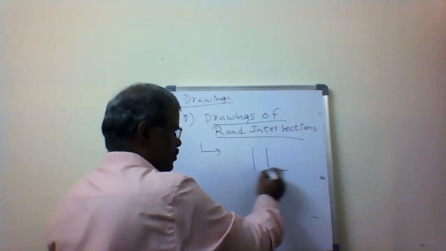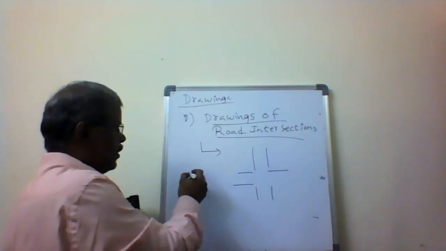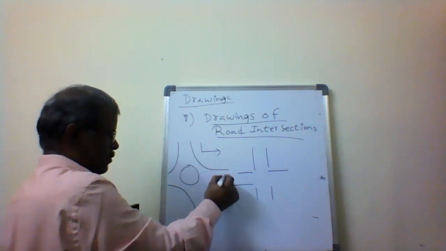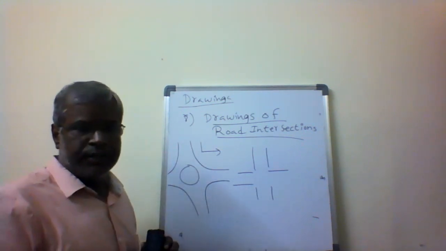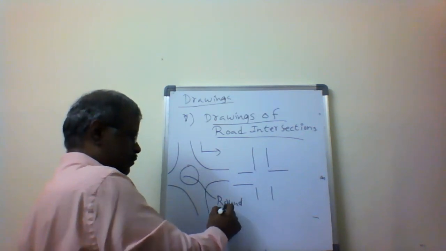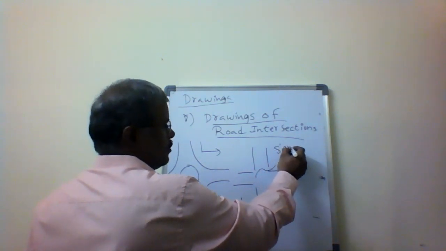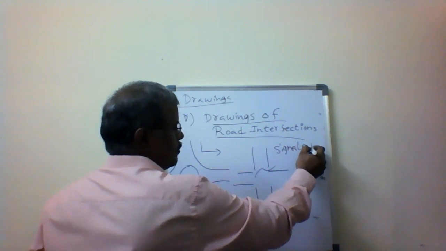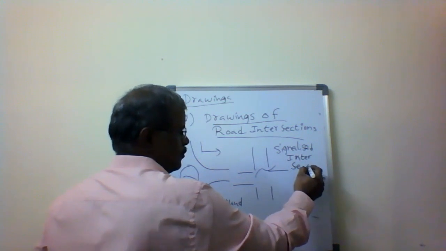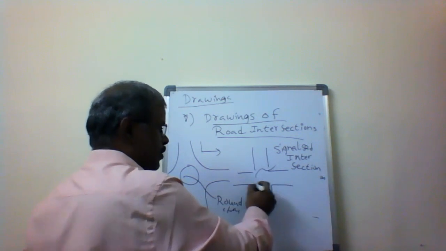This is one intersection. Another intersection is where we provide a roundabout. This is the roundabout. And this is a signalized intersection. Sometimes we provide a signalized intersection.